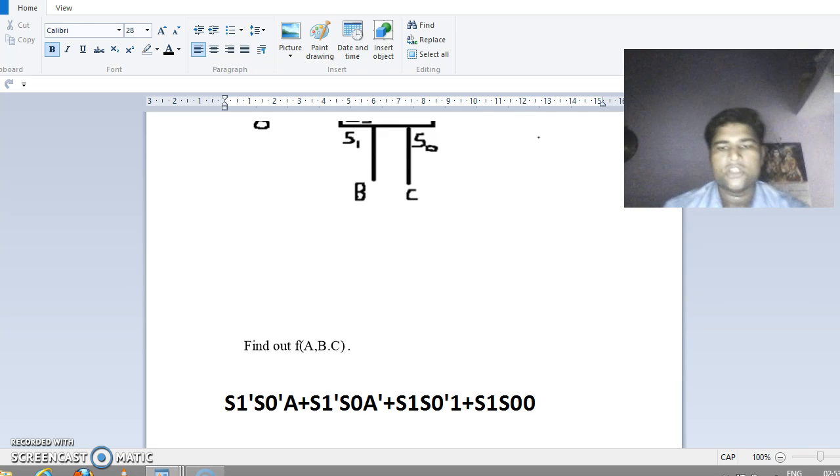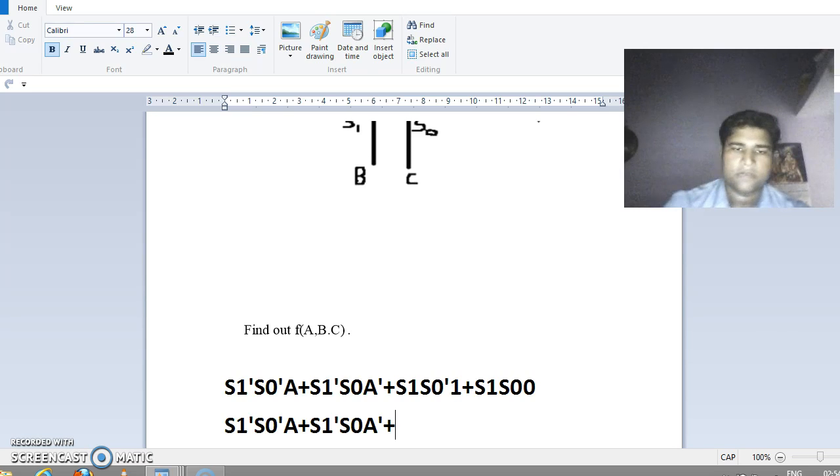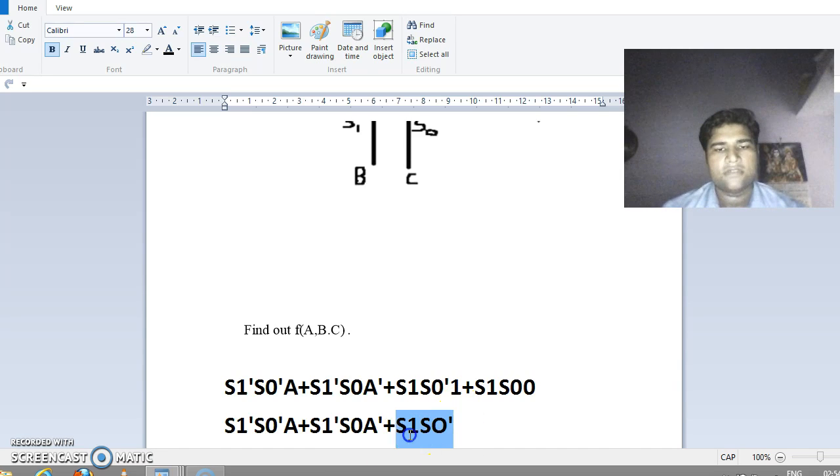We have 0. So as we all know, we will simplify it. What will be left? S1 bar S0 bar A plus S1 bar S0 A bar, this is 1, so 1 into S1 S0 dash, plus this is 0, so nothing. So this is the answer.